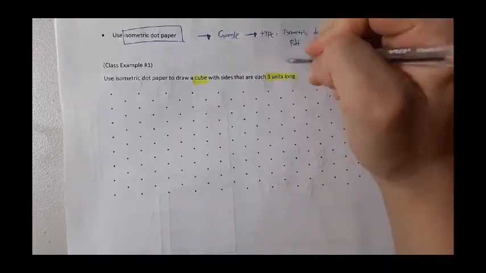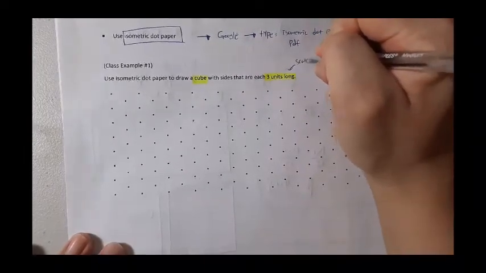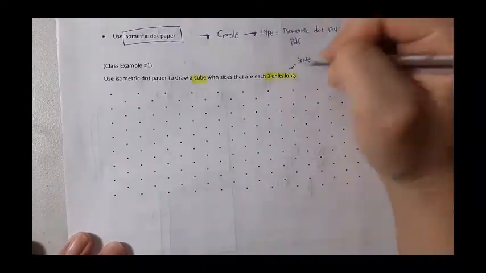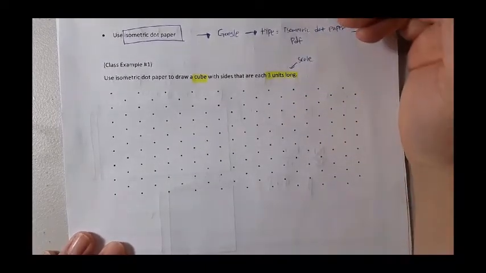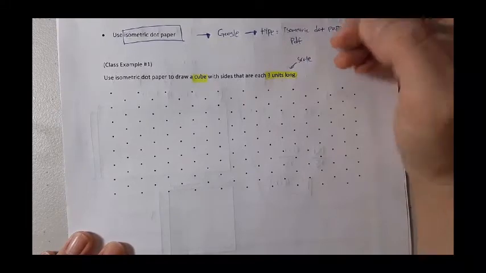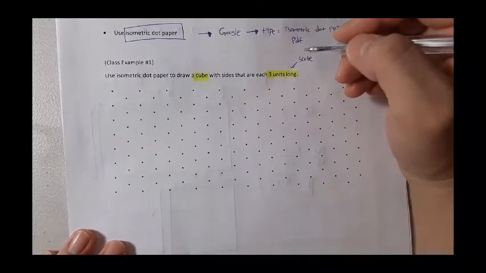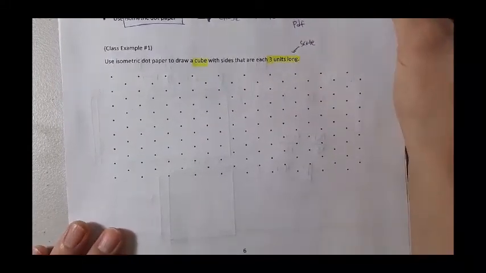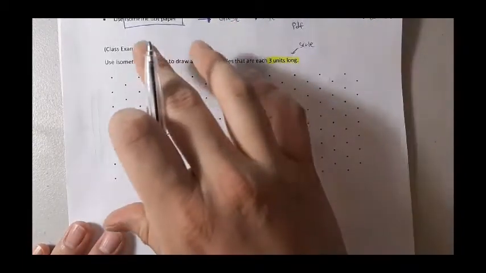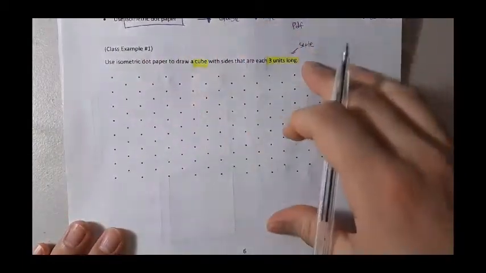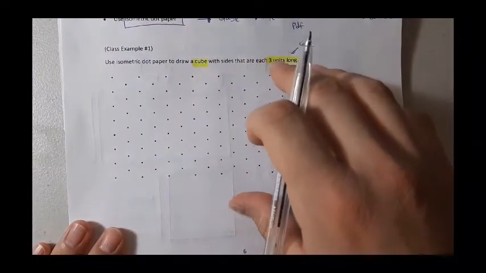So first things first, we have our scale. This 3 units long, in reality, can be quite different measurements. It can be 3 meters, 9 meters, or in the imperial system, 3 feet, 6 feet, those kinds of things. So I'm going to draw one example and another example that is portrayed in the workbook.